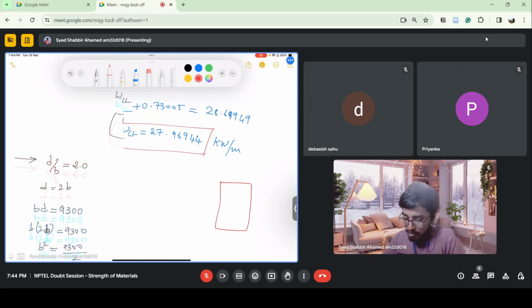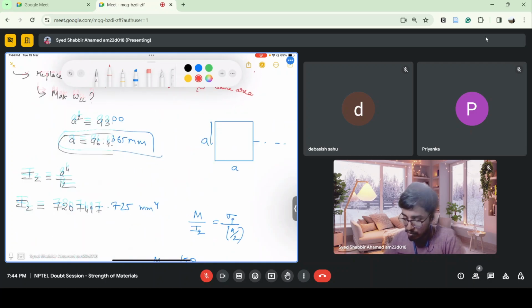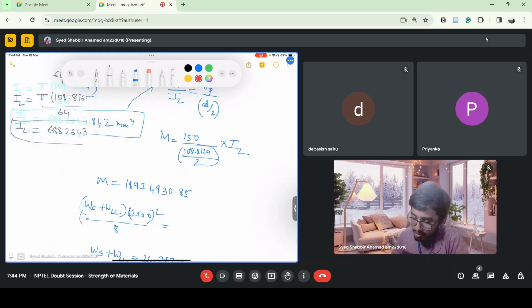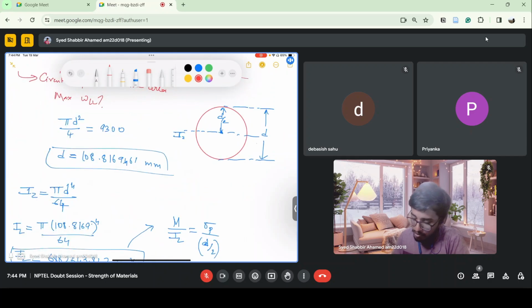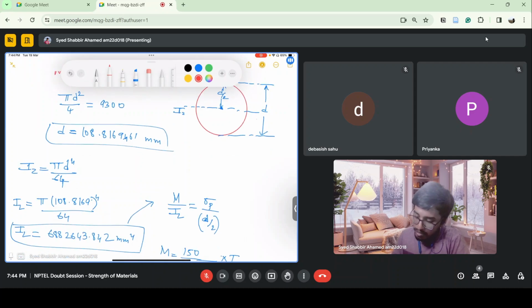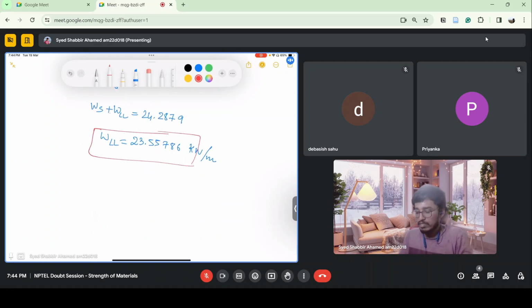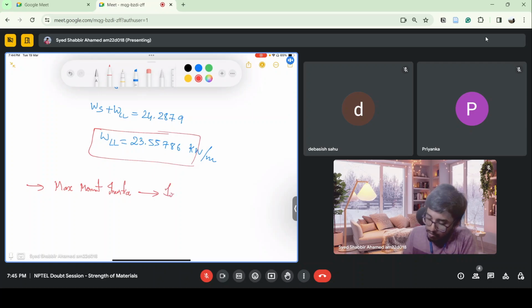Okay, and we have also seen how depth can give me effects compared to this. So maximum moment of inertia will lead to low bending stress.